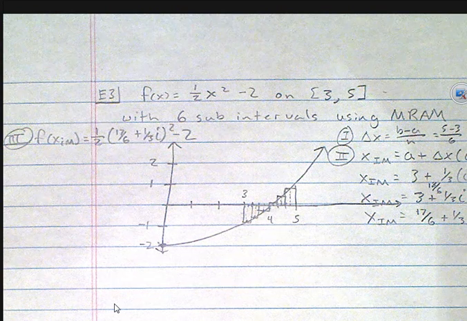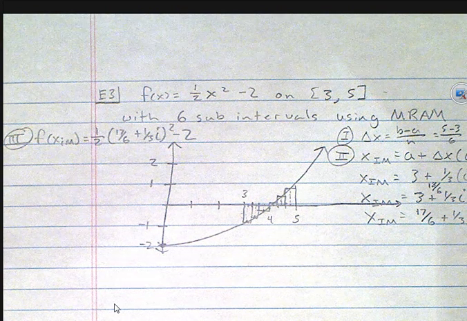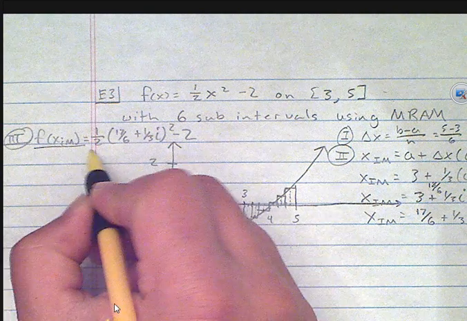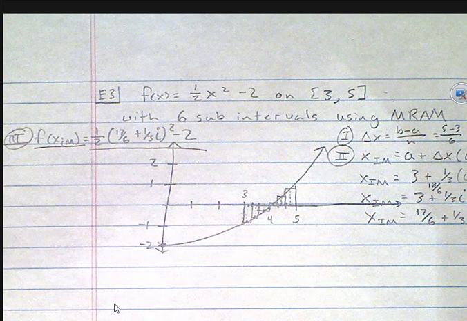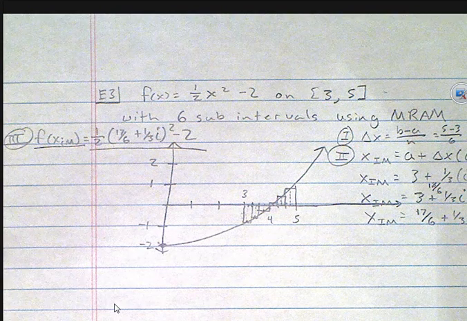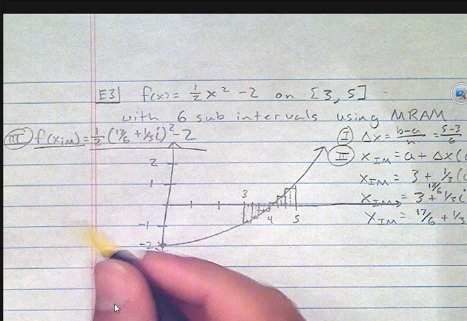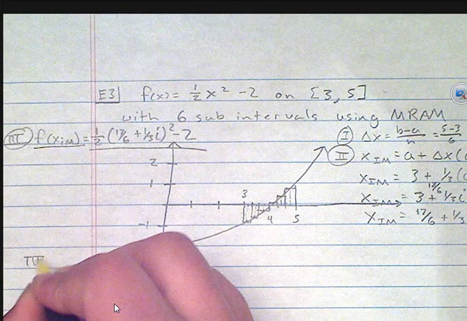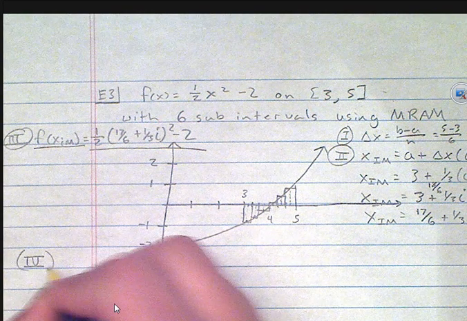There's no point really. We found f of x of i m. That's all there is to it. So that's all we need, and we're going to skip down to step 4. I know some of y'all are really breathing a sigh of relief right now.